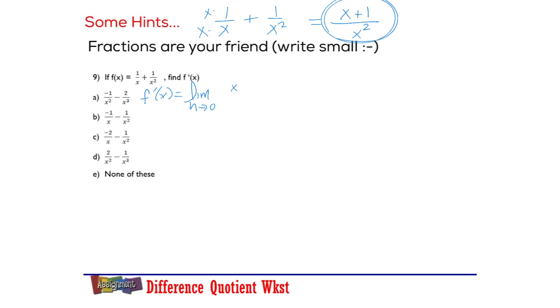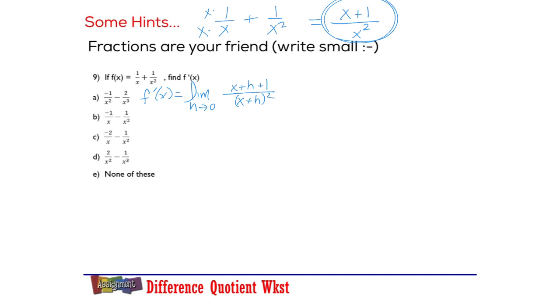So I'm going to put x plus h plus 1 over, and I'm putting x plus h squared. Okay, I'm just going to write it, and you'll maybe see why here in a minute, why I'm just going to leave it x plus h squared. It'll probably eventually change, but I'm going to leave it like that for now.